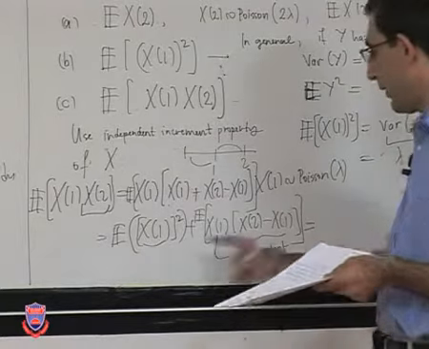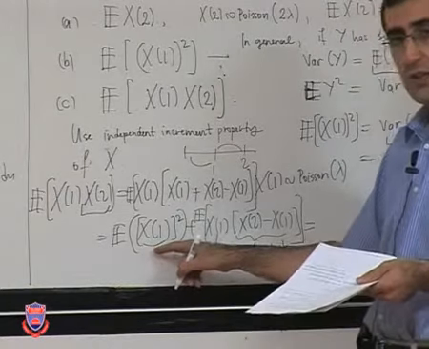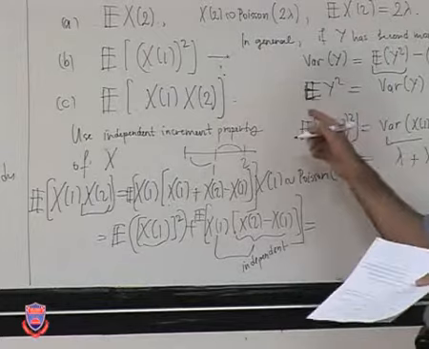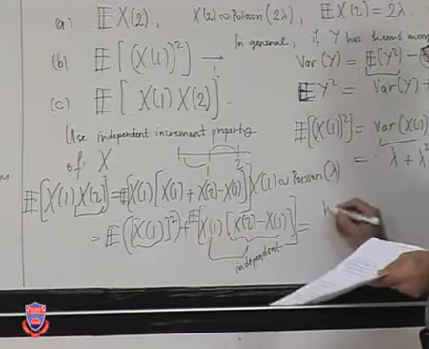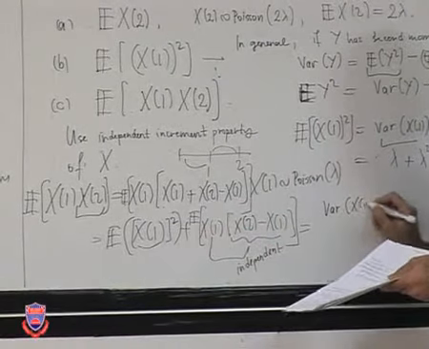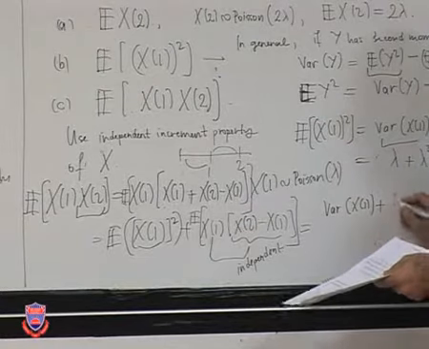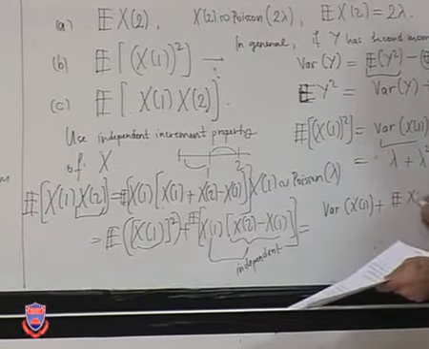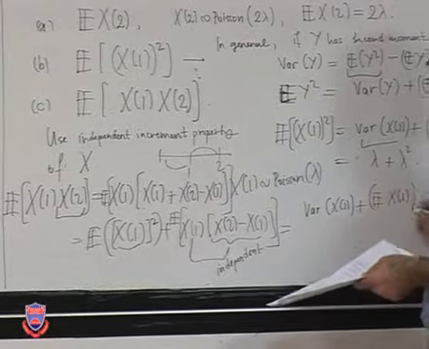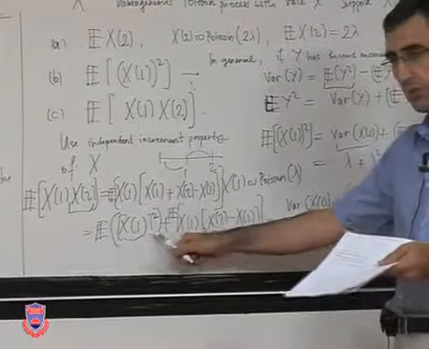And what do I get from here? I can use the same trick here. So this is the variance of x1 plus the square of the expected value of x1. Okay, that takes care of this first part.